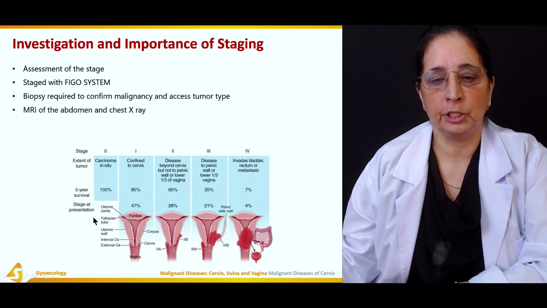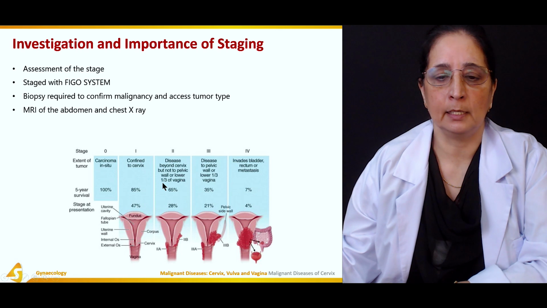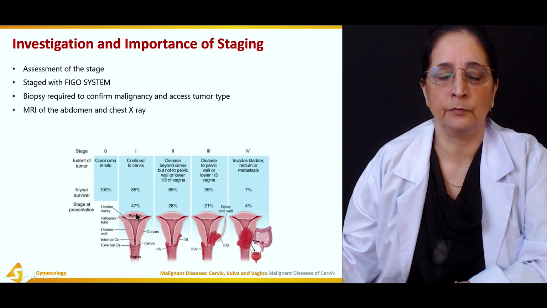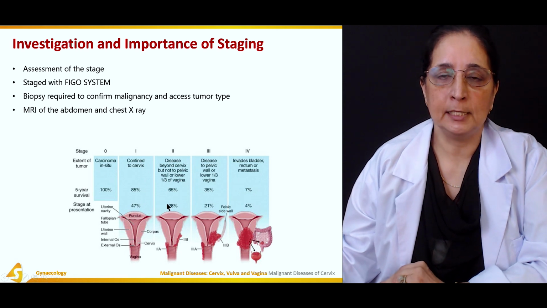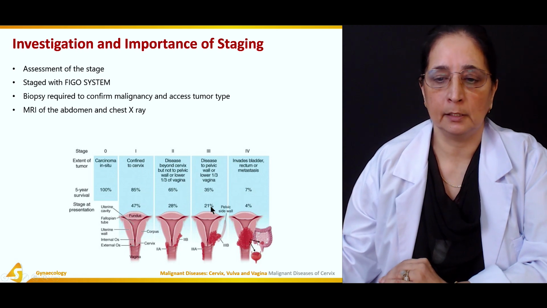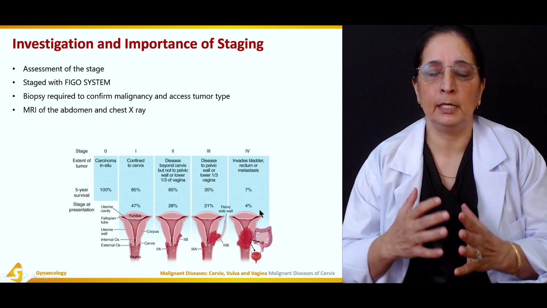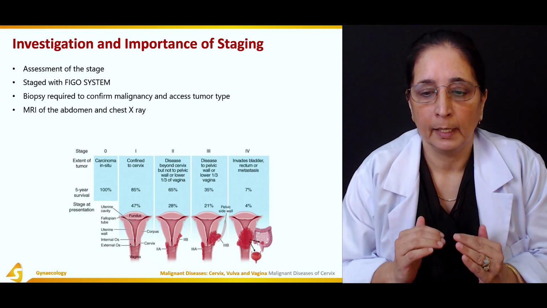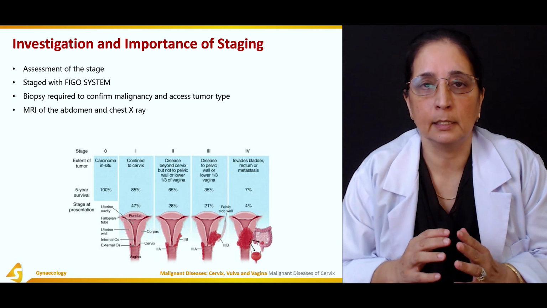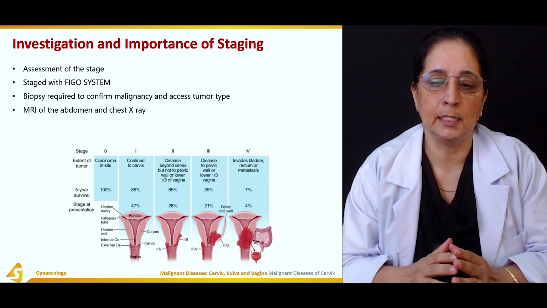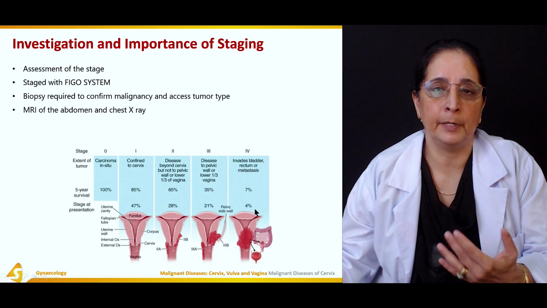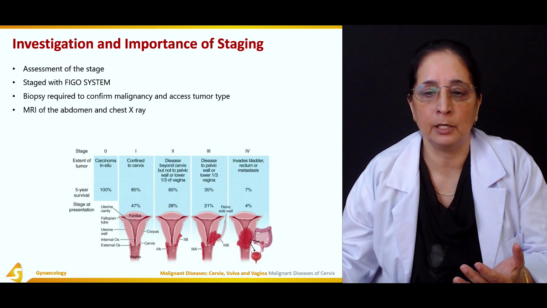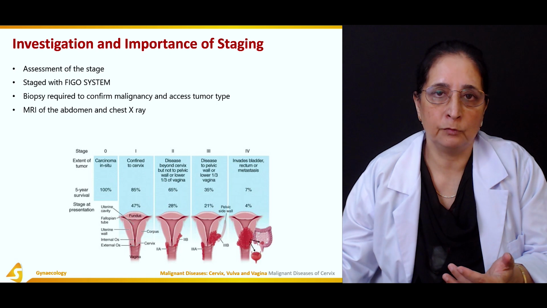Stage at presentation usually is, in the first stage, 47% of patients present with the first stage, 28% with the second stage, 21% with the third stage, and 4% with the fourth stage. So it's important that we diagnose the disease early, because only 4% of patients at the time of diagnosis are with stage 4.